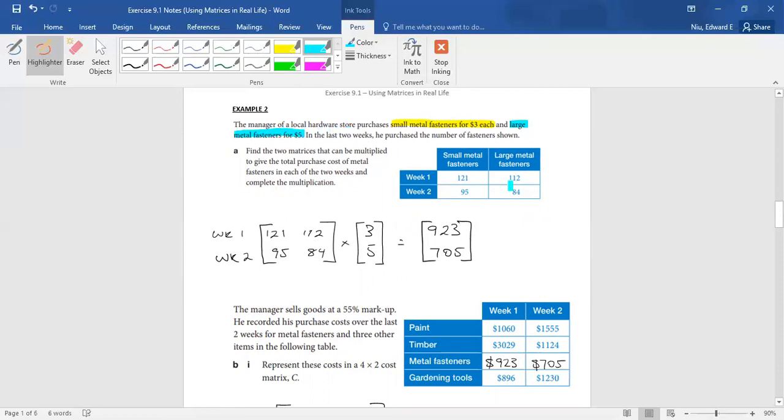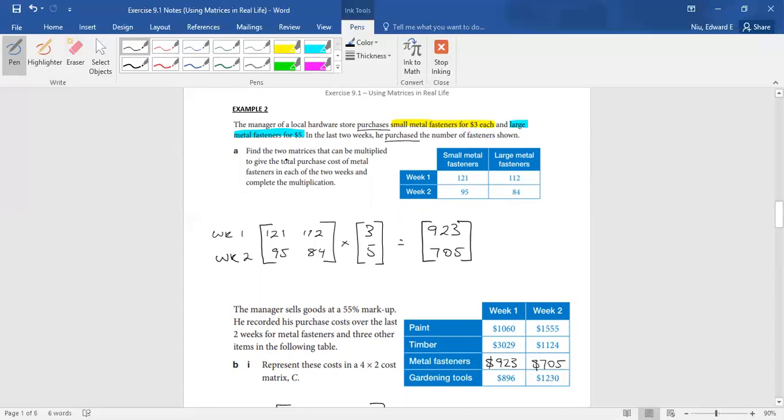What we have here on the right is week 1 and week 2, how many small metal fasteners were purchased, and how many large metal fasteners were purchased by the shop. The key word here, purchases, is also quite important, so just make sure we're aware of what's going in or what's going out of a shop.